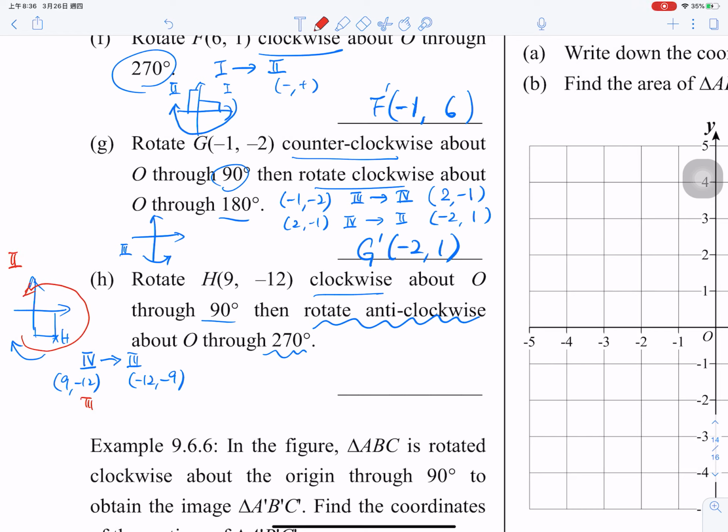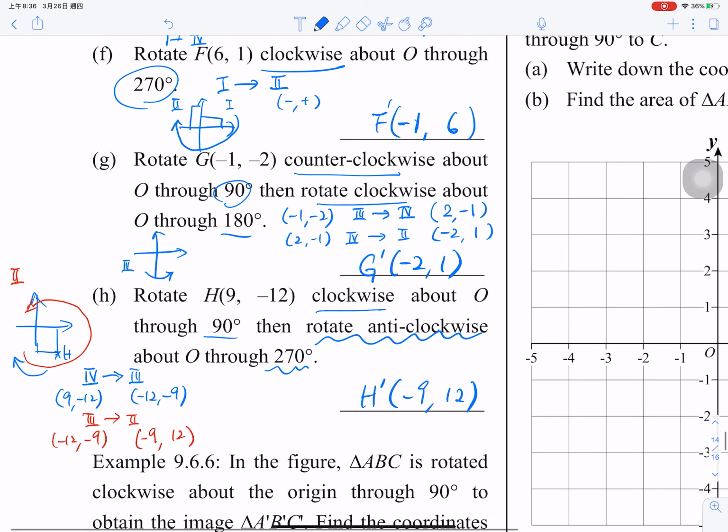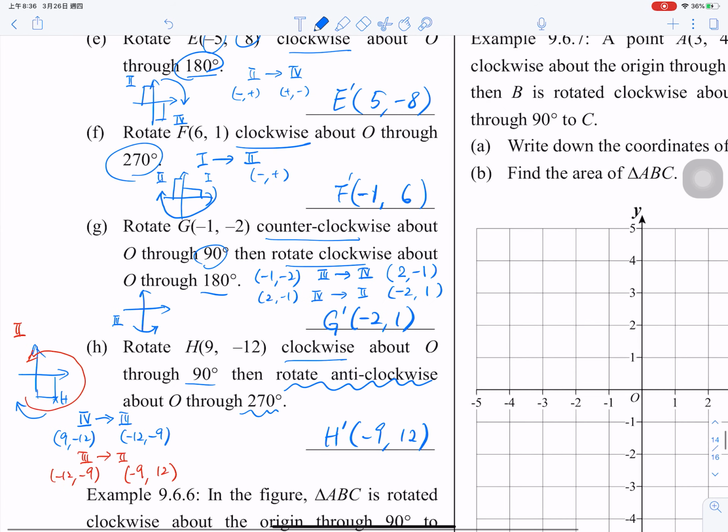So from quadrant 3 to quadrant 2, negative 12, negative 9 becomes negative 9, 12. So finally, the image of H is negative 9 and 12. You can try by yourself again.